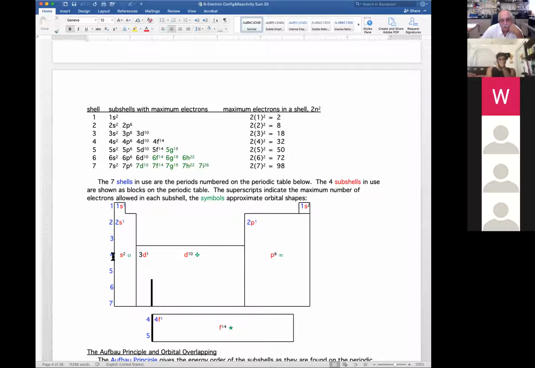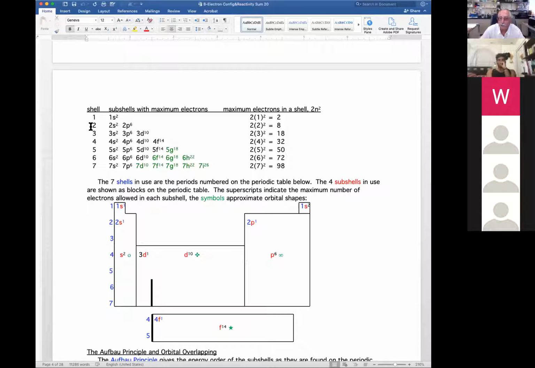Here's all the different shells over here, right? 4 and 5 were taken out of here. And then shell number 1, I can have one subshell. What is it? It's going to be an S because that's the lowest energy. How many can I get into an S? Only 2. Now it's full. So that's close to the nucleus. It's full. Then shell number 2 has up to 8 electrons into it.